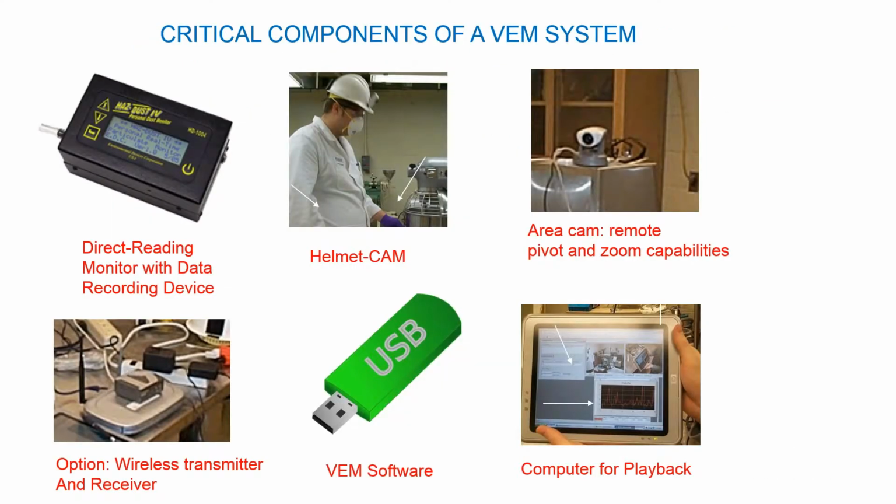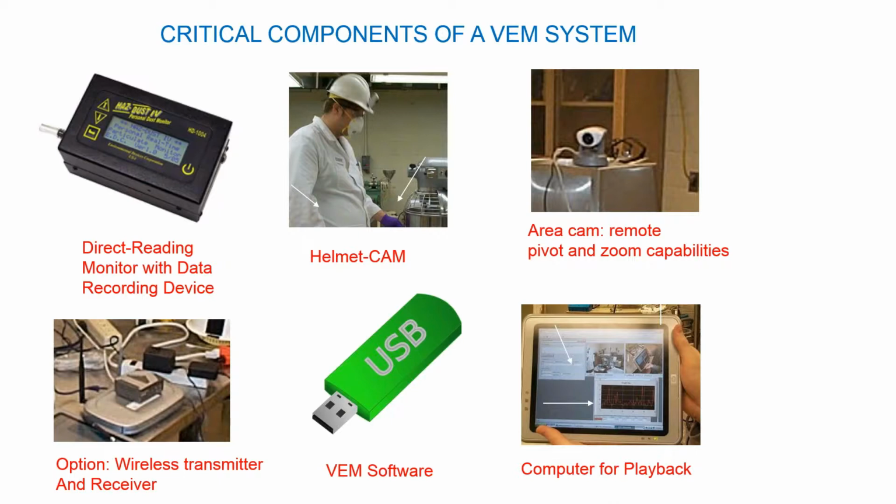Now shown here are the critical components of a VEM system. First, the sensor technology, some sort of direct reading monitor. Next, the video technology, the camera, which can be mounted on the worker or placed in an area.